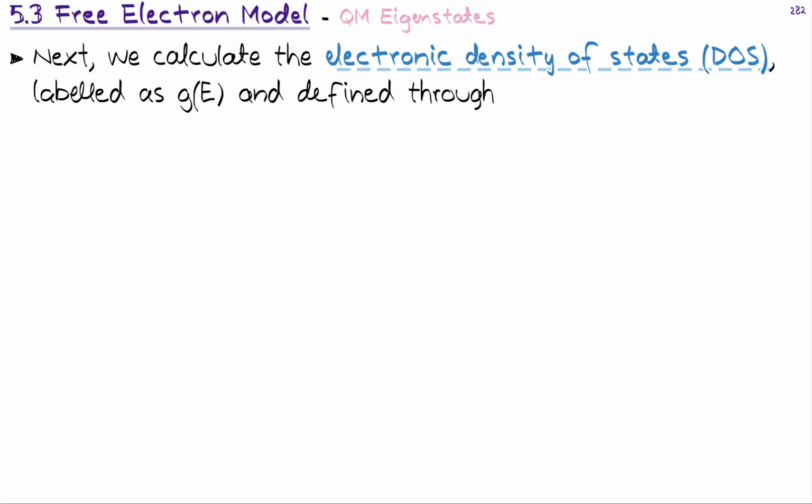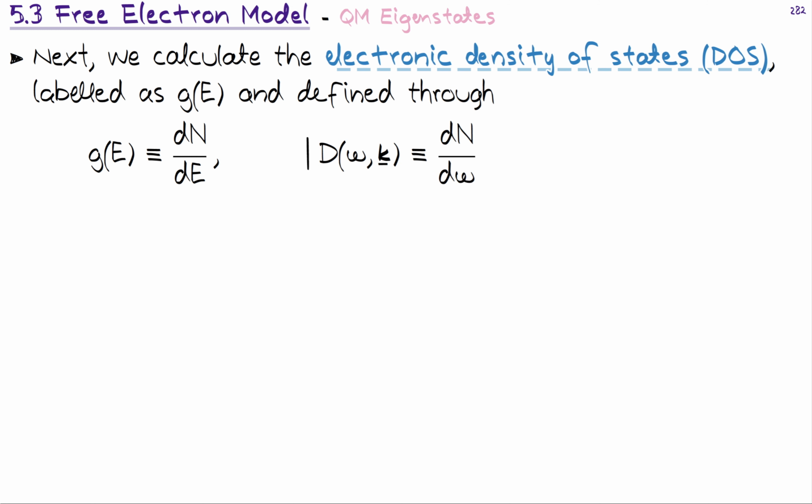And of course, it is defined similarly to the density of states for the phonons. So G, the electronic density of states, is defined as the derivative of the number of electrons or states with respect to the energy. And please remember that the density of states for phonons, D, was defined similarly. We just took the derivative of the number of phonons with respect to the frequency, so to speak, with respect to the energy.